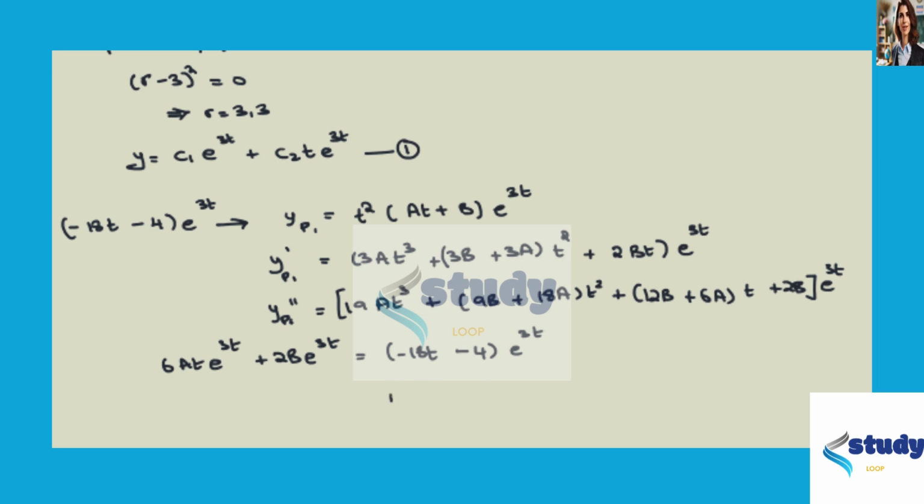Equating the coefficients on both sides, we have a equal to -3 and b equal to -2. So we have yp1 equal to (-3t - 2) t squared e^(3t). Mark this as equation number 2.